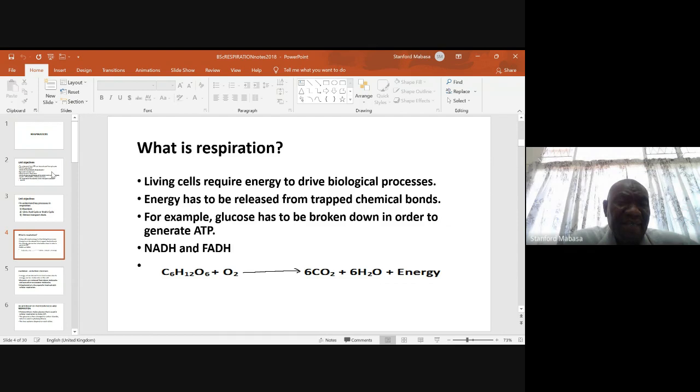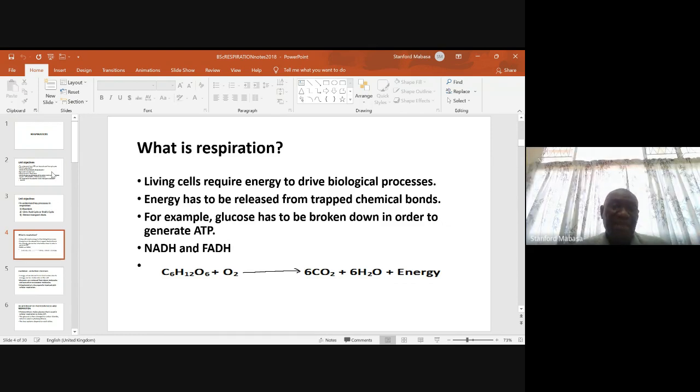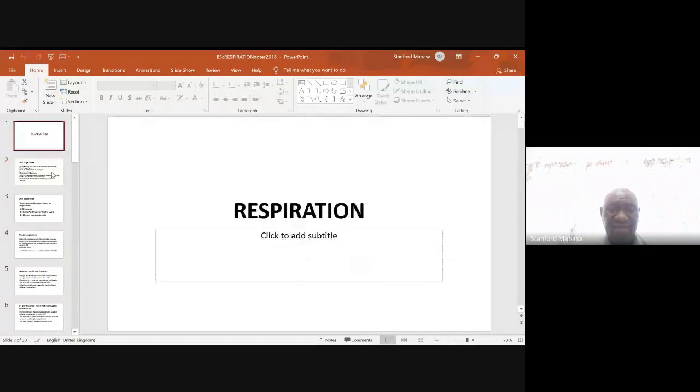We have NADH and FADH, which are used to generate more ATP later.